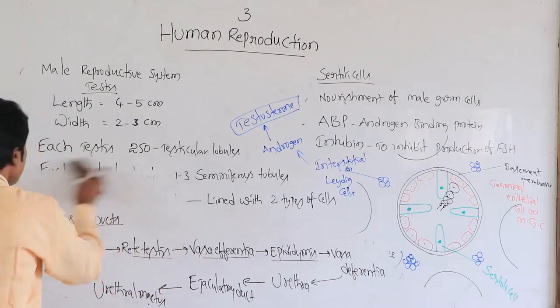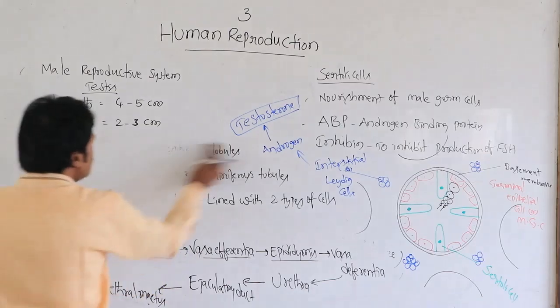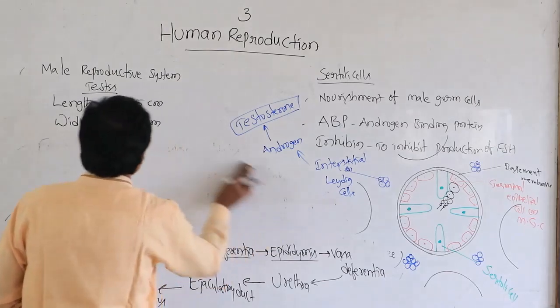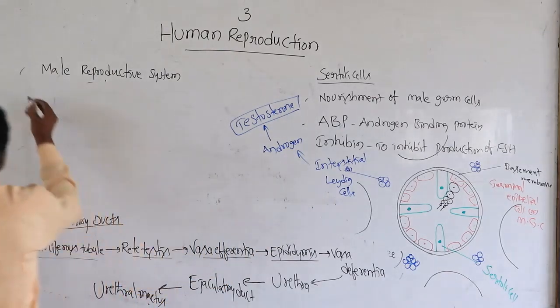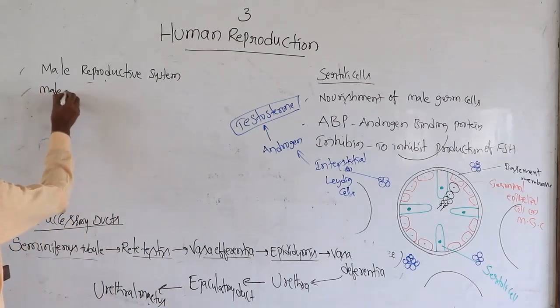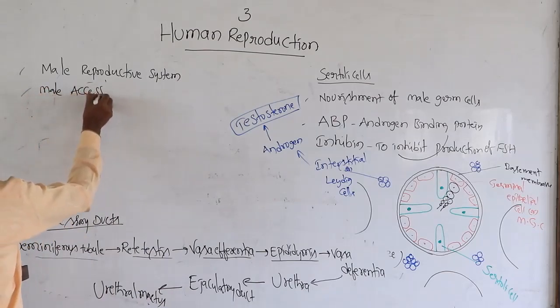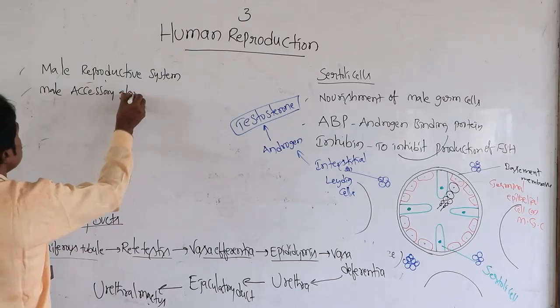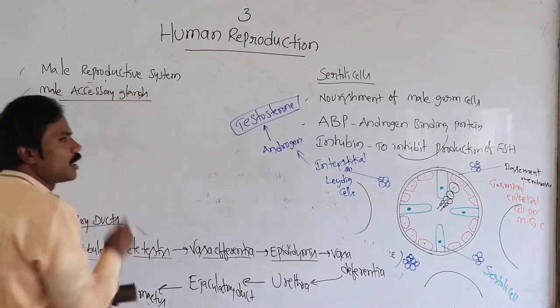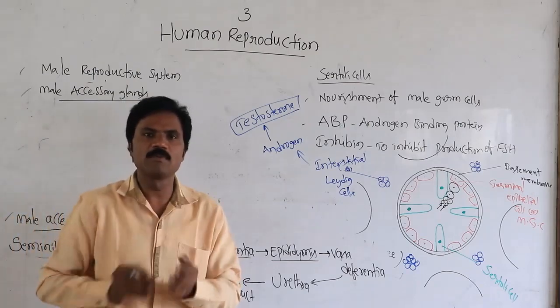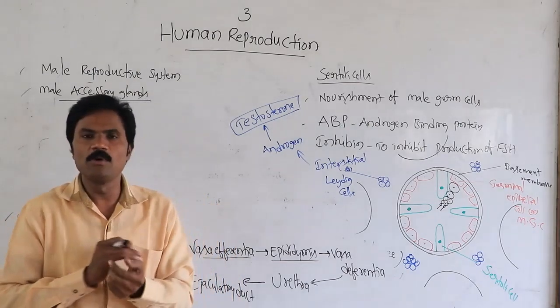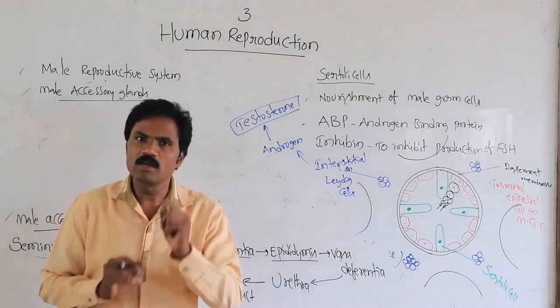Then what are the male accessory glands? Already I said what the male accessory glands are: one pair of seminal vesicles, one pair of bulbourethral glands, and only one prostate gland.